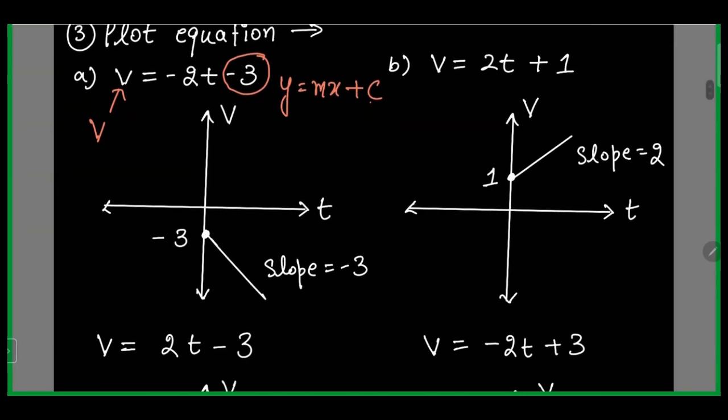So your y-intercept is minus 3, and I started my graph from minus 3. And your slope is negative. You can clearly see m is minus 2. So you need to decrease your graph in the y-axis. You will start from minus 3 and start decreasing your graph, and you will get the graph which is shown here.